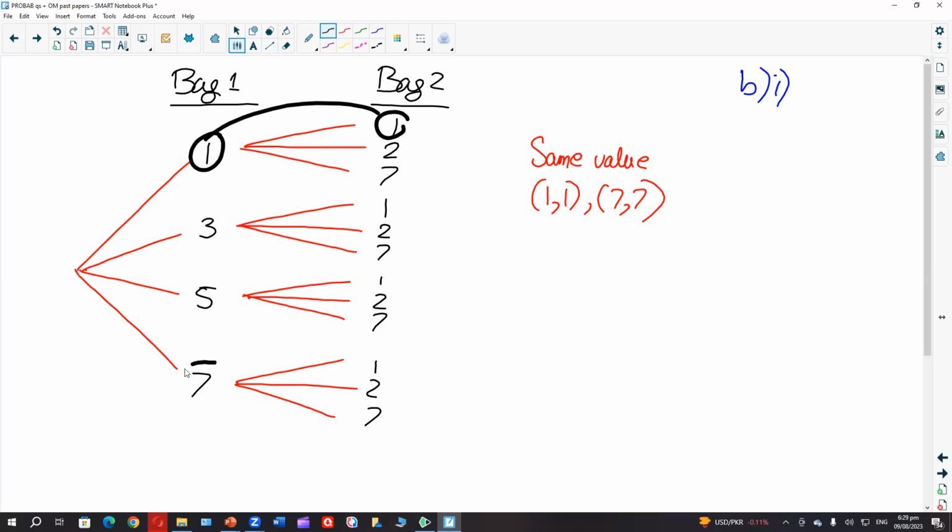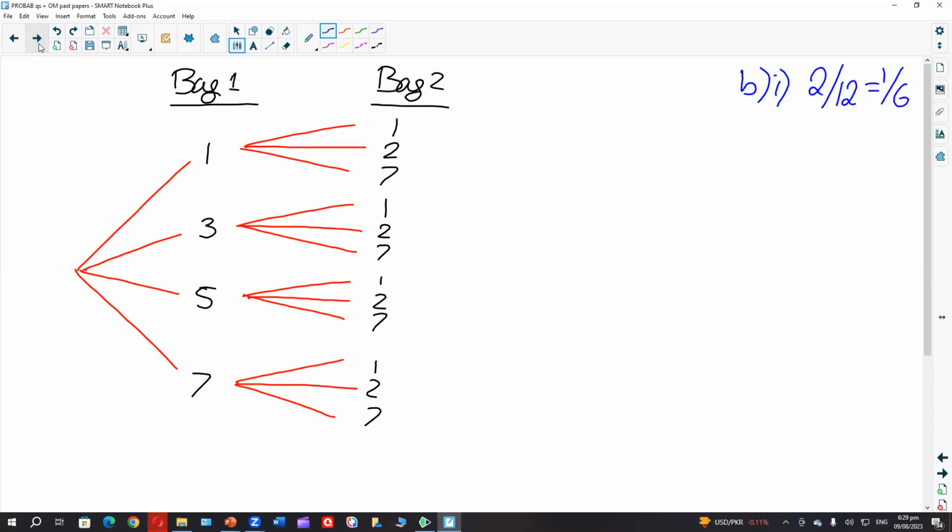And then it is 7 and it is 7. This is the second pair. Same number means it should be the same number on both bags. So how many pairs are there? 2 pairs. Good. There are simply 2 pairs.